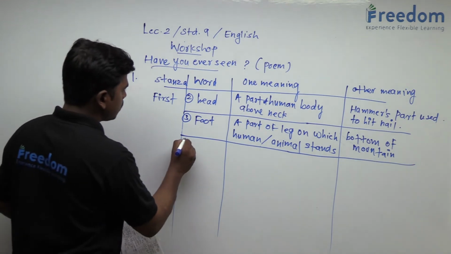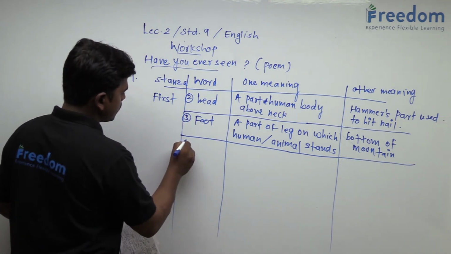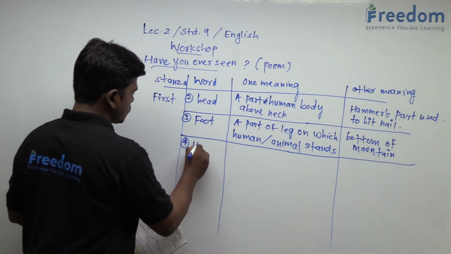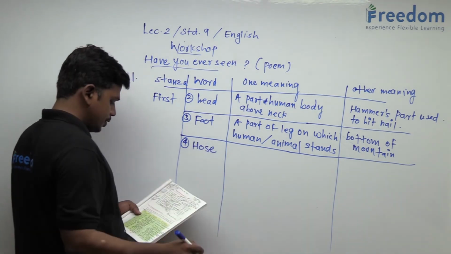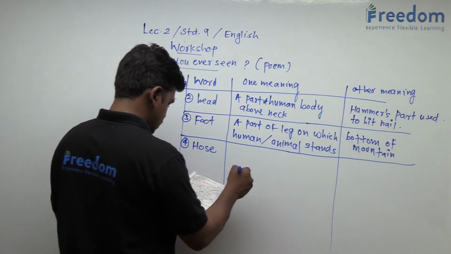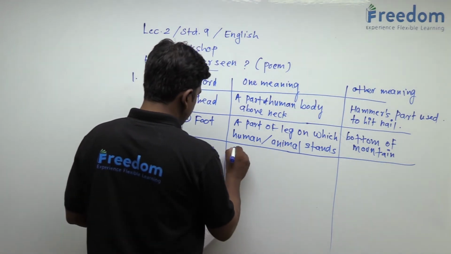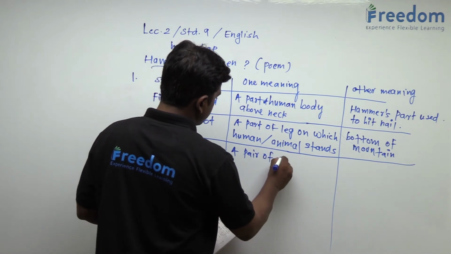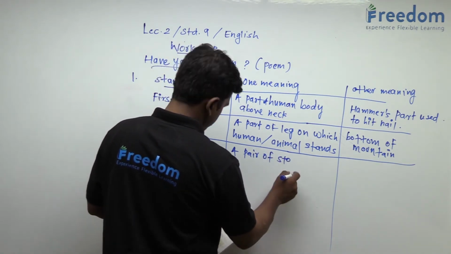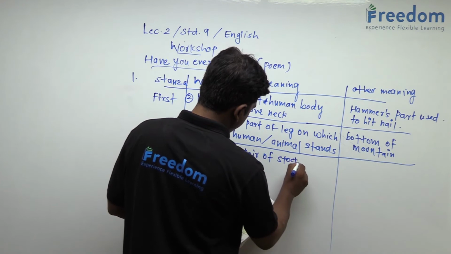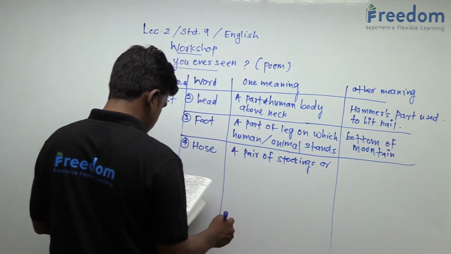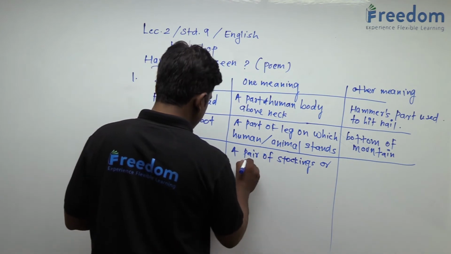That was the third one. Let us move towards the next, the fourth one. That is hose. What is hose actually? A pair of stockings or tights.